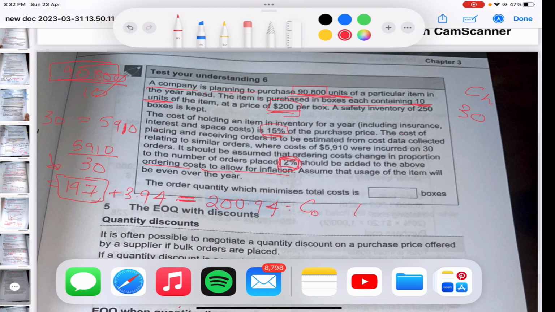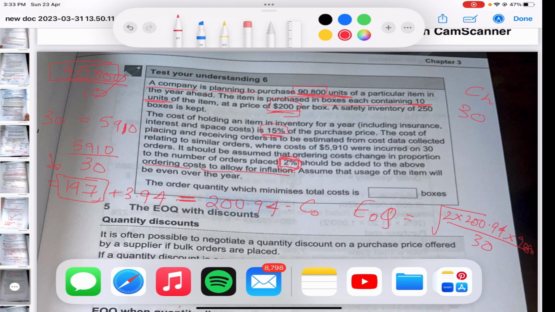Now how do I find out my economic order quantity? My economic order quantity, you know the formula, right? So let's just put it in the formula. 2 times cost of order 200.94 multiplied by my annual demand, which is 9080, divided by my cost of holding.